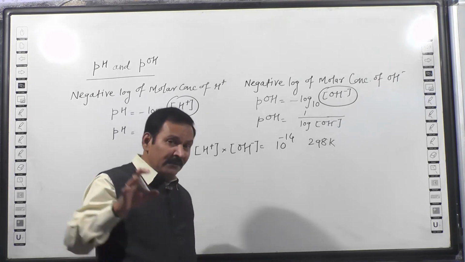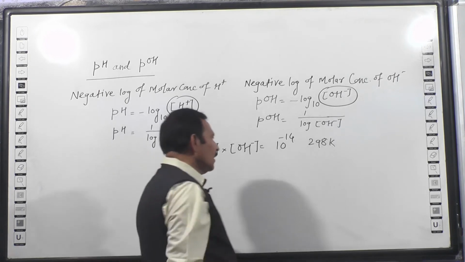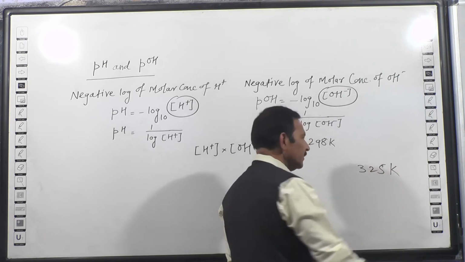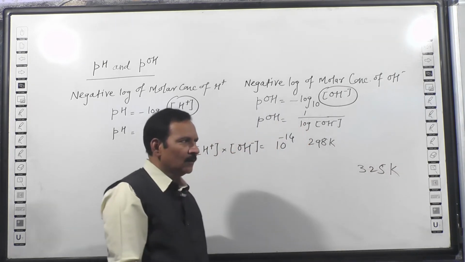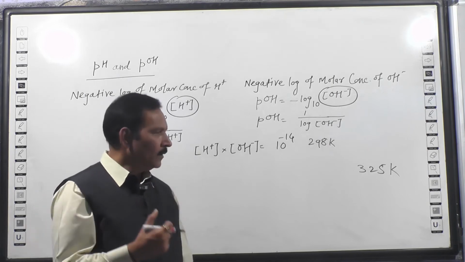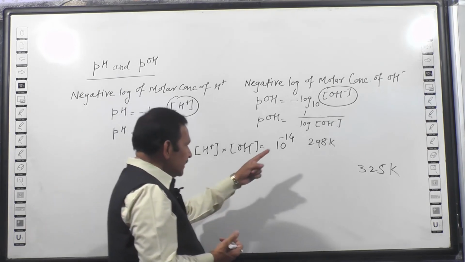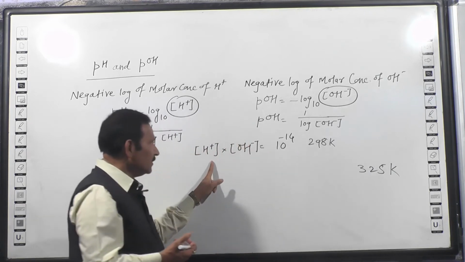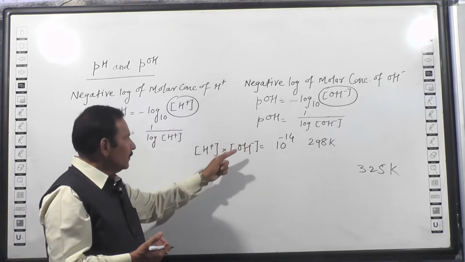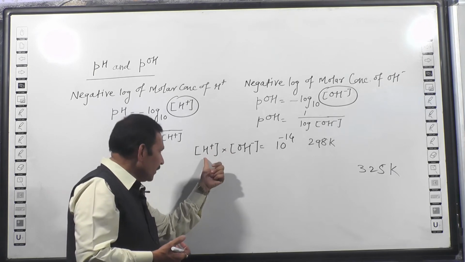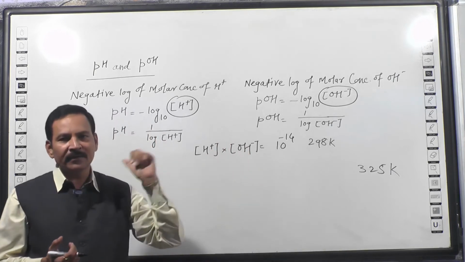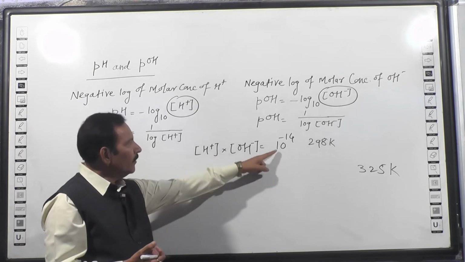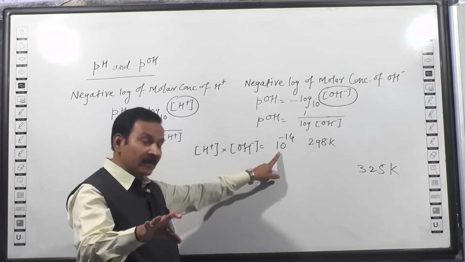And therefore, sometimes he may ask you a question like this: what is the value of ionic product of water at 325 Kelvin? Conceptual point. As the temperature increases, the degree of dissociation increases. Therefore, the concentration of H plus and OH minus increases. The product of these two increases, and the value becomes more than 10 to the power minus 14.